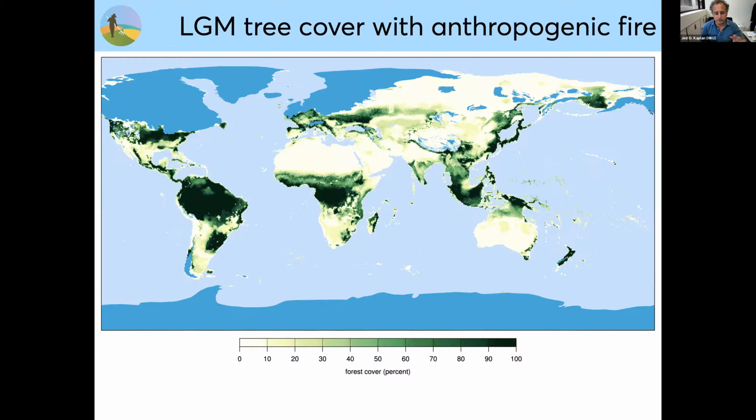And of course, in the Western Hemisphere here, nothing's happening because there's no people there, okay? But if you look at the differences, what you especially see is that across Eurasia, in the colder and drier parts, there's a large scale reduction in forest cover caused by people.